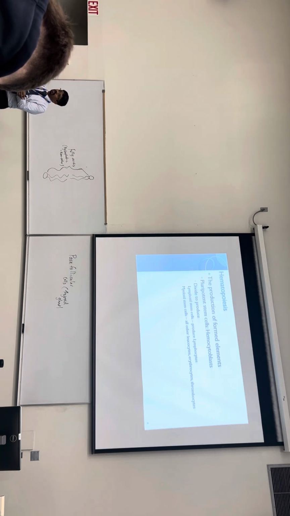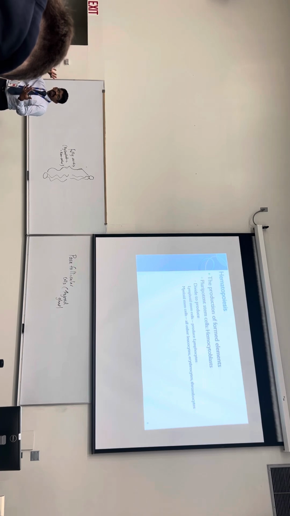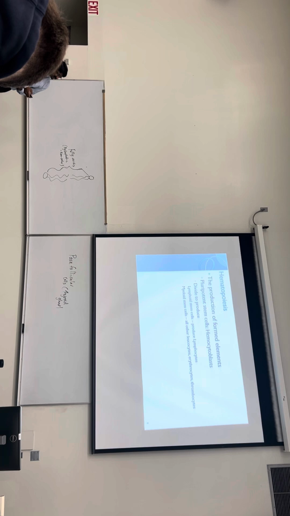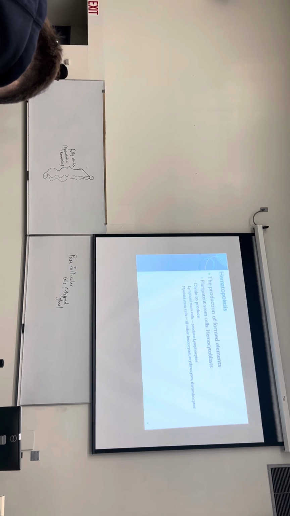They give rise to all the white blood cells, the red blood cells, and the platelets. Then they separate out from this into what's called lymphoid stem cells and myeloid stem cells. Lymphoid basically just produces one type of white blood cell, the lymphocytes. Everything else is produced by the myeloid.